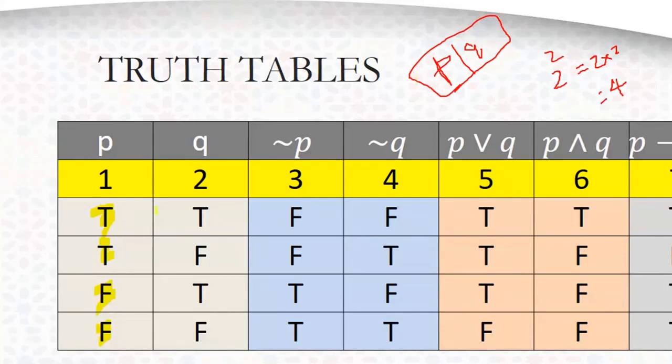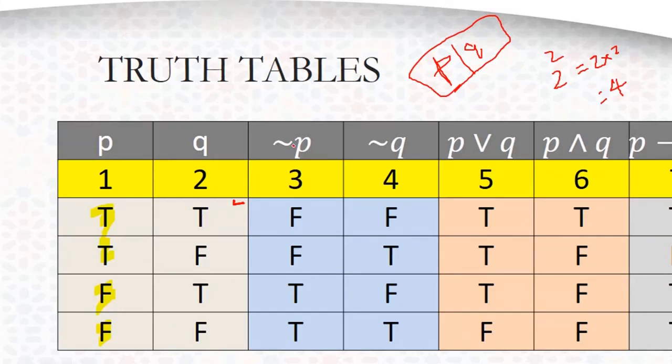So first, you write 2 T's and 2 F's, and then the first column will be complete. Second, in the second column, you can write 1 T and 1 F, 1 T and 1 F, like that. So we have completed the first part for P and Q.